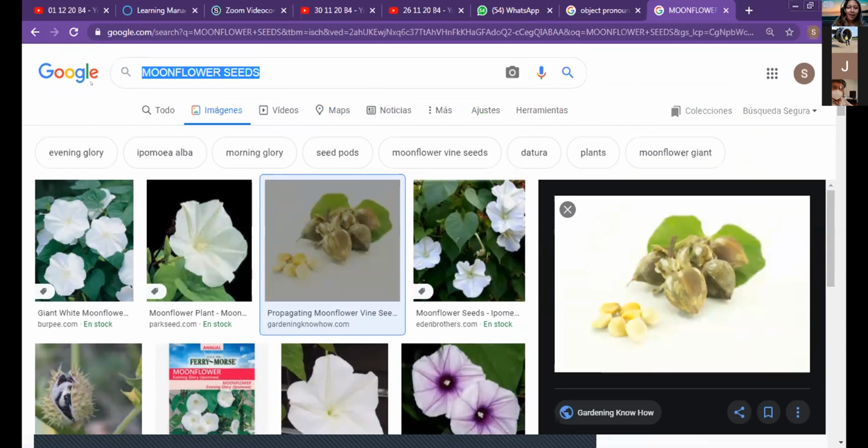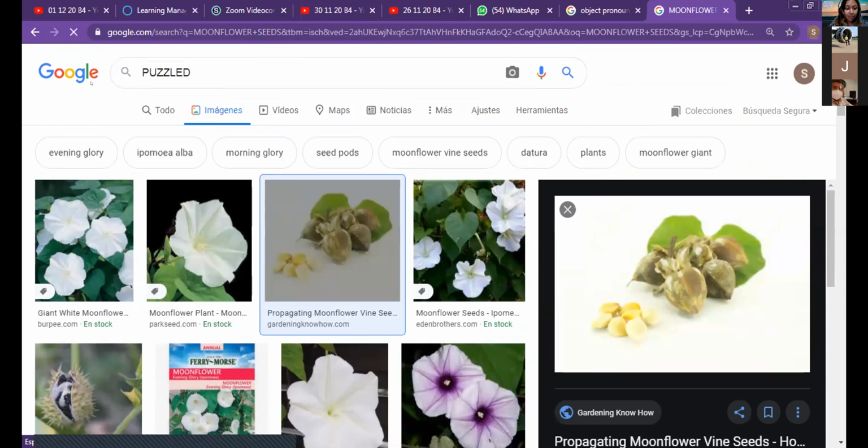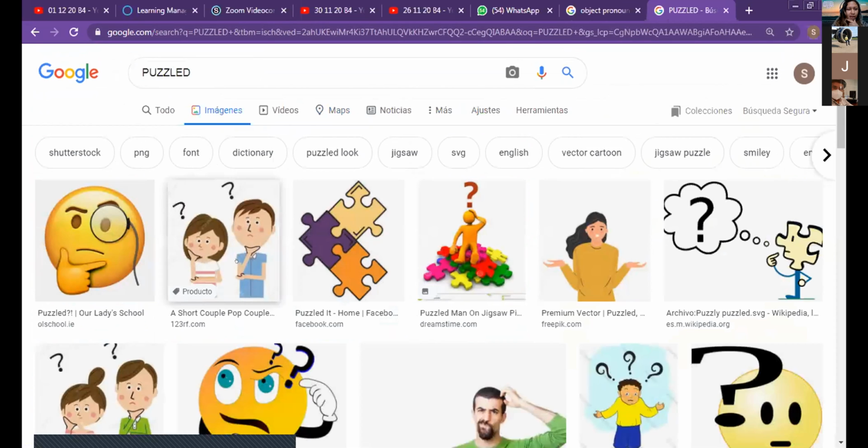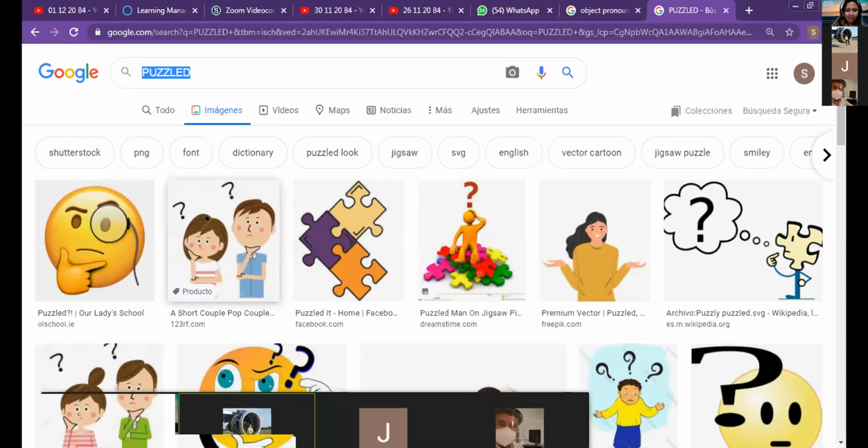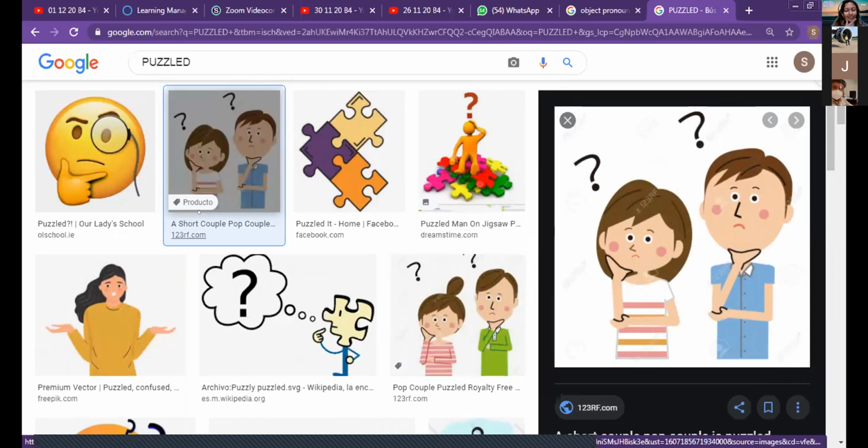Okay. Now, puzzled. Puzzled is an action. What could be another word instead of puzzled? Do you know a synonym? This is an action. Okay, disregard that image. Think about this one. It's like, I don't know what to think. It's an action to make you feel confused.